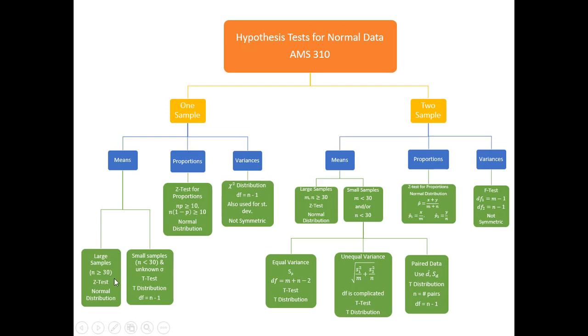By large I mean n greater than or equal to 30. We're going to look at what you may call the z-tests, and of course all of these assume normal distributions. In the second case of this video, we'll look at some smaller samples when the population standard deviation is unknown. So these will involve a test called the t-test and the t-distribution.